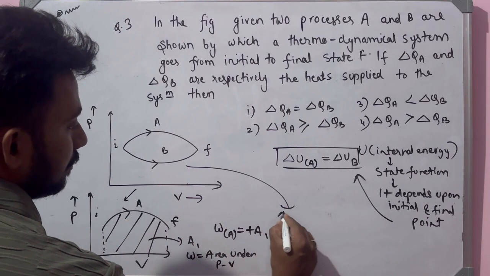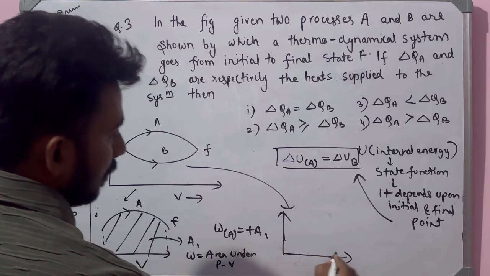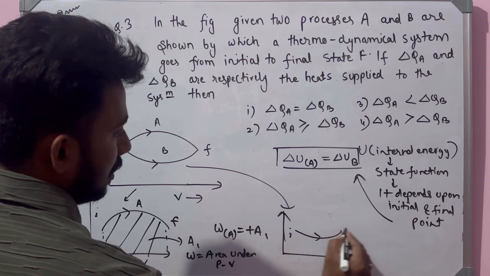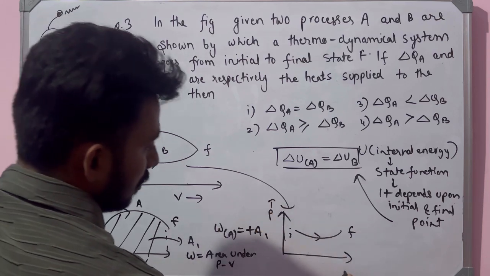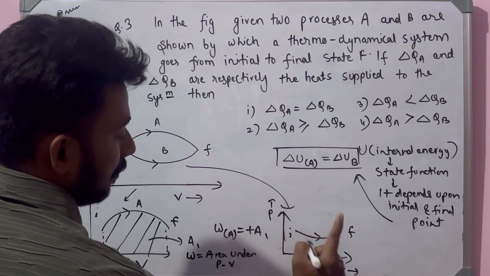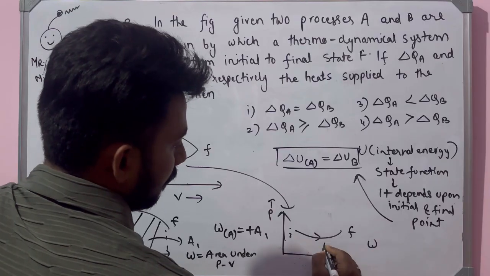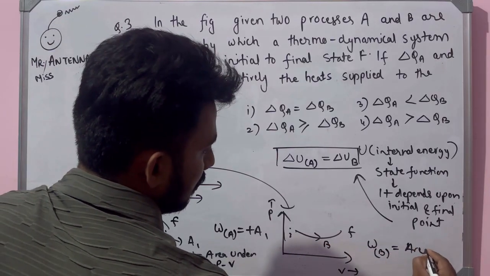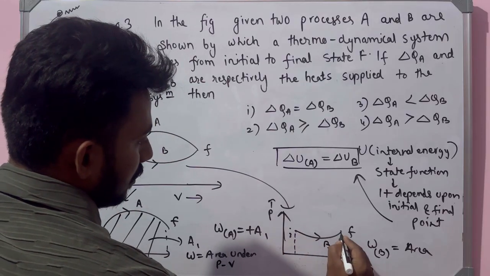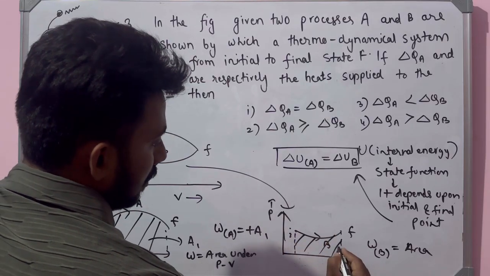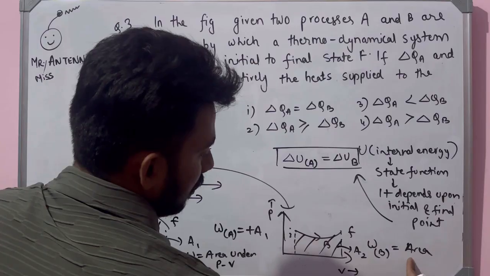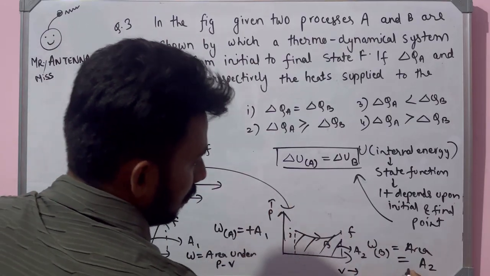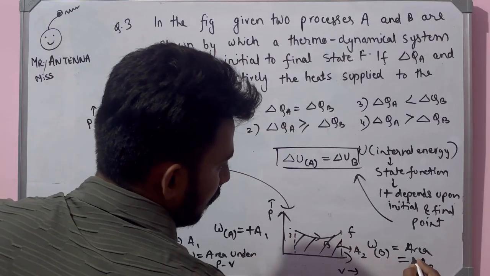Second half: if I go along B, initial to final, again if I want to find work done along B, I have to find the area under this graph. Let's say the area is A2. So work done along B is nothing but area A2. Here also there is volume expansion, so I'll have positive work done.